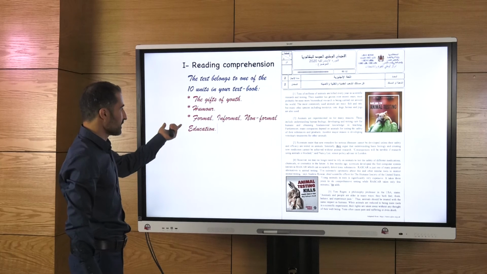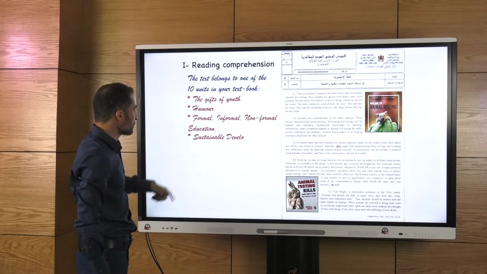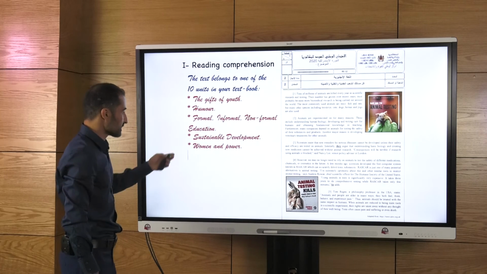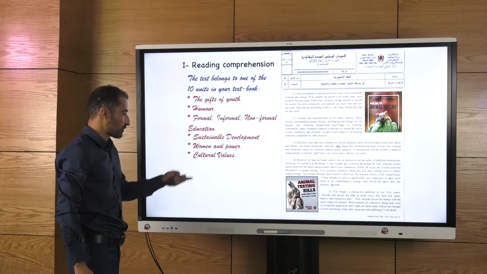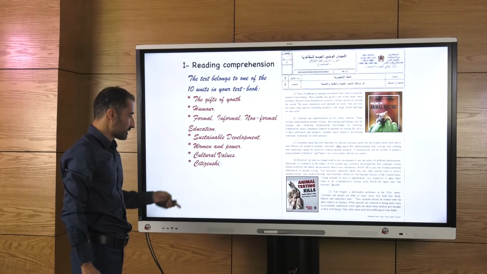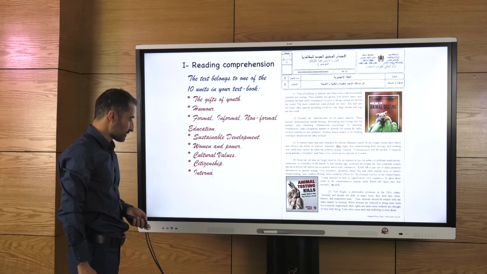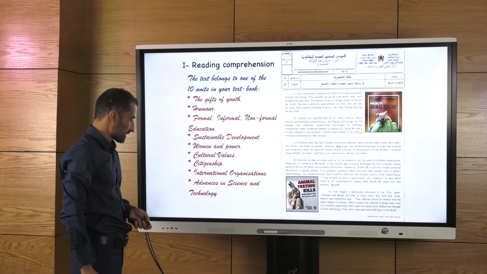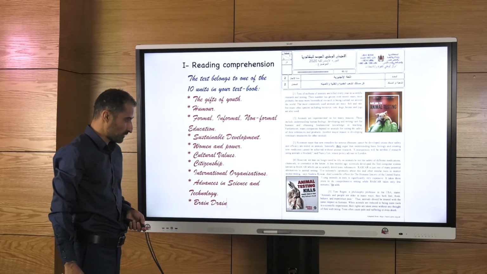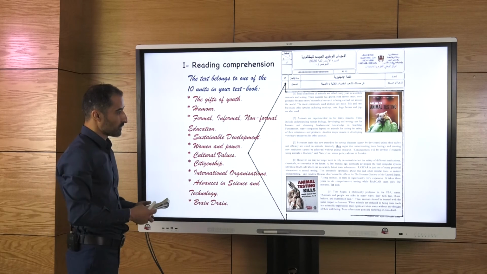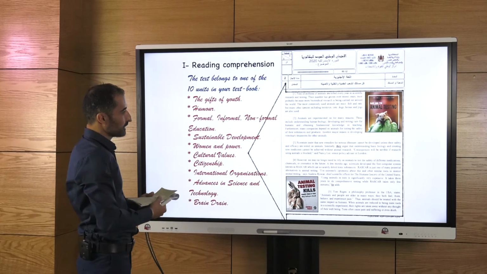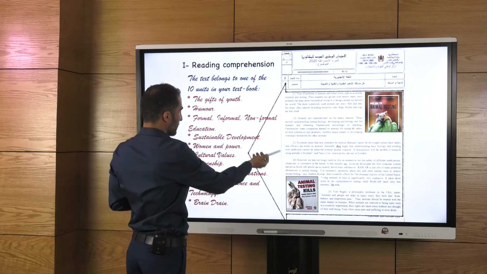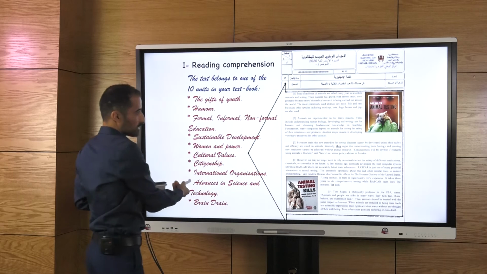We have the gifts of youth, humor, formal, informal, non-formal education, sustainable development, women and power, cultural values, citizenship, international organizations, advances in science and technology, and brain drain. So the vocabulary of the text is related in a way or another to one of these units.